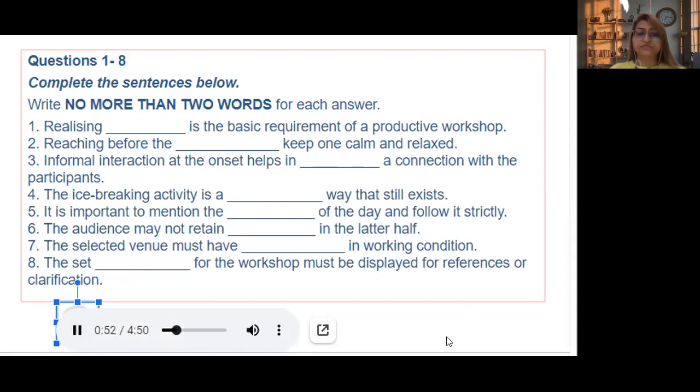Good afternoon. So in the first half of today's session, we've already discussed the prerequisites for a productive workshop. Let me summarize the features once again for you, and I would like you to jot them down for future reference. First, as with every other task, it's important to be clear about the objectives of your workshop.